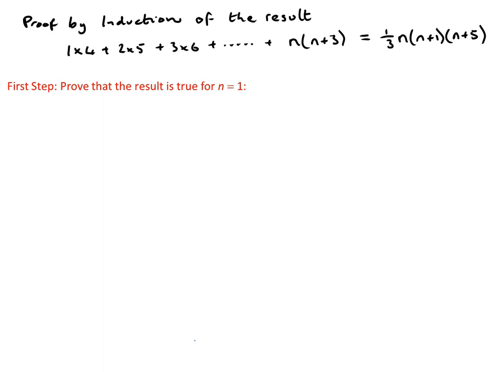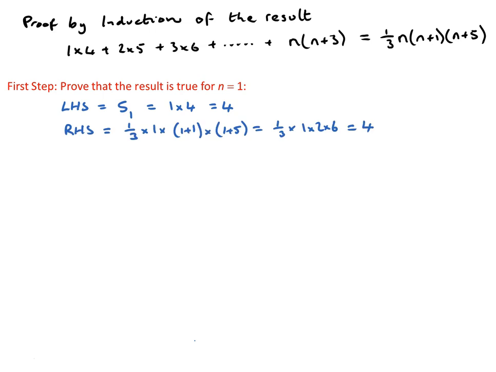The left-hand side is simply 1 times 4, which gives 4. The right-hand side is 1/3 times 1 times 2 times 6, so that's 1/3 of 12, which is 4. So the result is true for n equals 1.